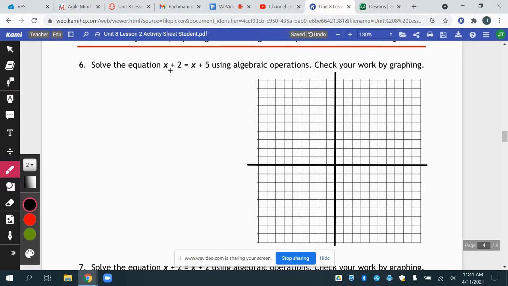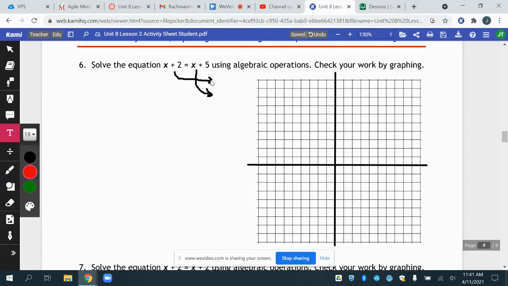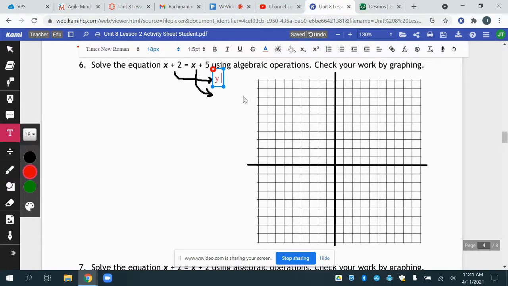So the way to solve this using graphing, just for the record, is to graph the lines where y equals x plus 2 and where y equals x plus 5.